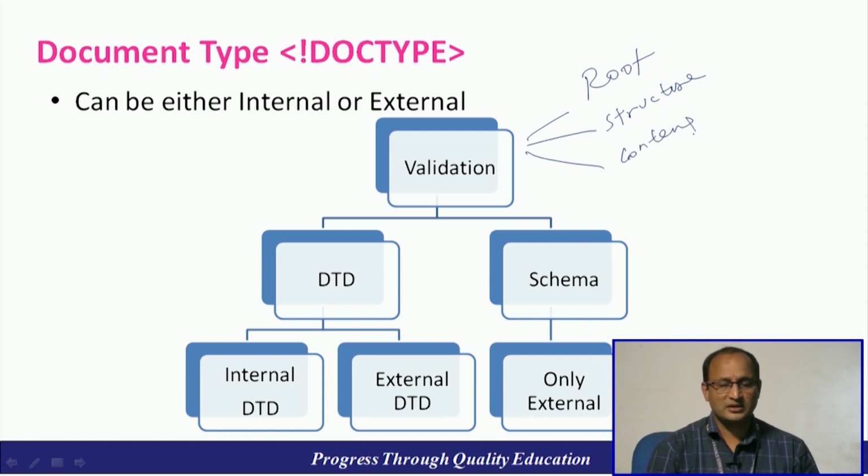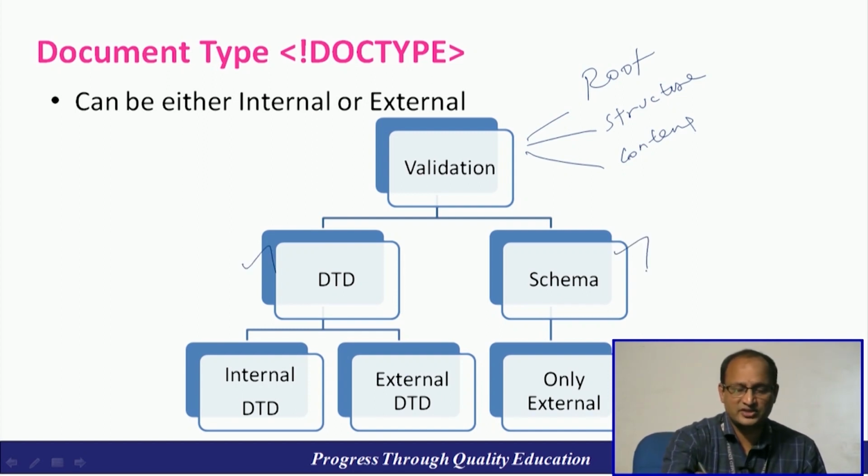An XML document comprises root, child, subchild, attribute, entities, attribute values, text. These are the different kinds of components to be verified during the validation process. This is achieved with the help of DTD as well as schema. These are the two different tools used for the validation process.